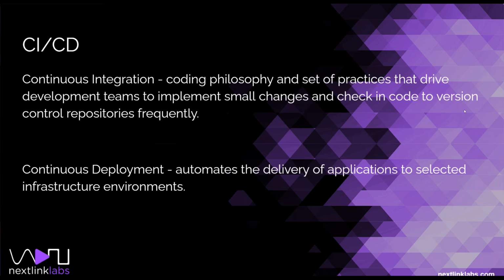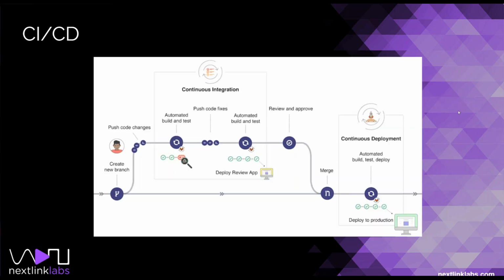I have a little graphic here that will give a visual representation of this. This is a very common flow. We have a main branch. This is supposed to represent a Git branch. You may create a new branch, let's say to update a feature. In this feature branch, we may make some changes and push them up. That's where the continuous integration box starts.